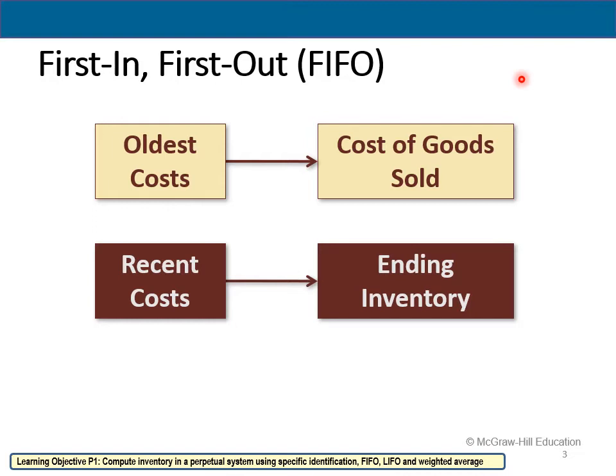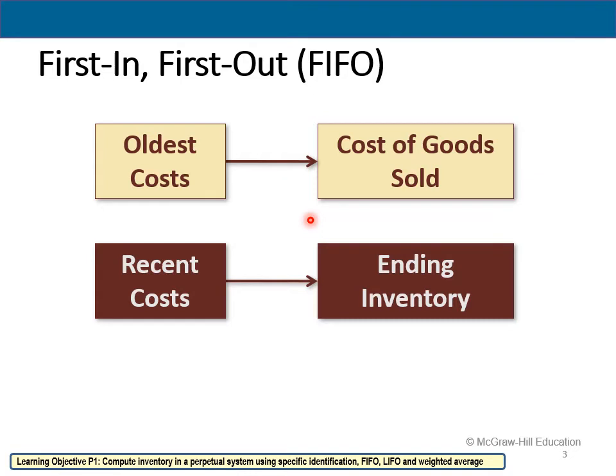GAAP allows for companies to choose to assume that costs flow from the inventory asset account to cost of goods sold in a particular manner. First in, first out assumes that the oldest cost, i.e. the first cost in the inventory asset, is sold first. We're making that assumption even if it's not true.